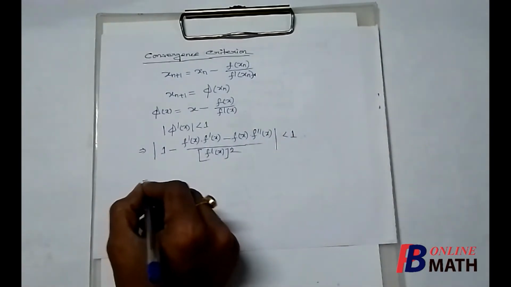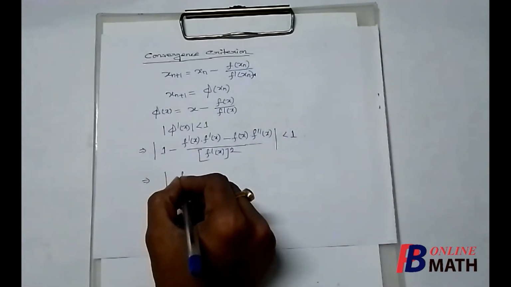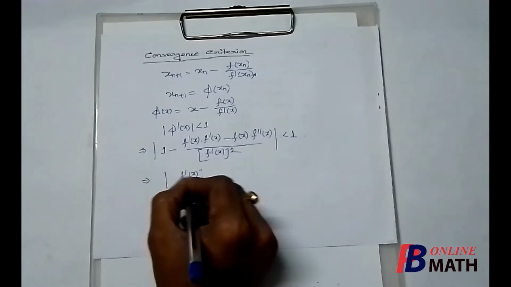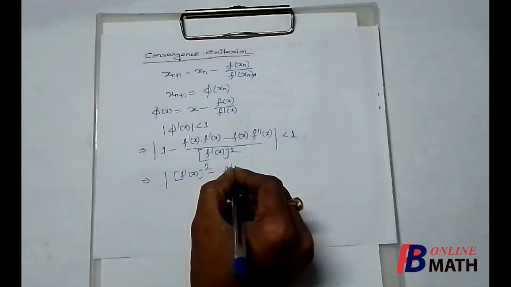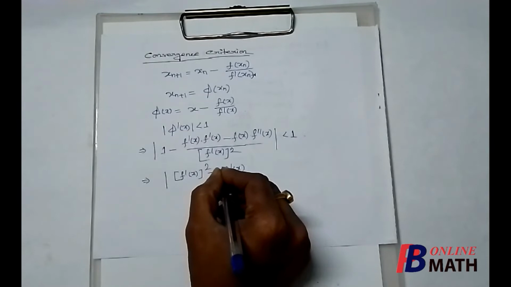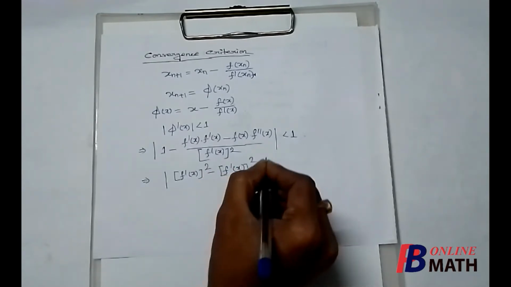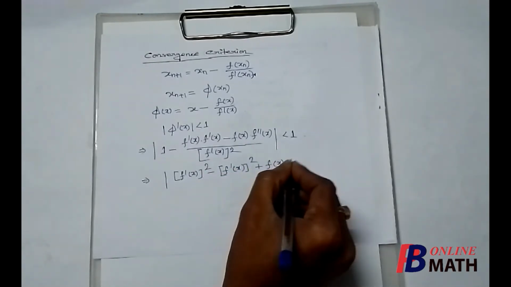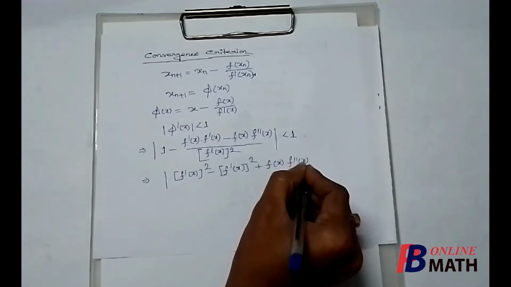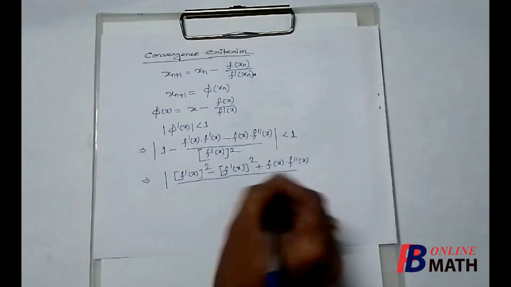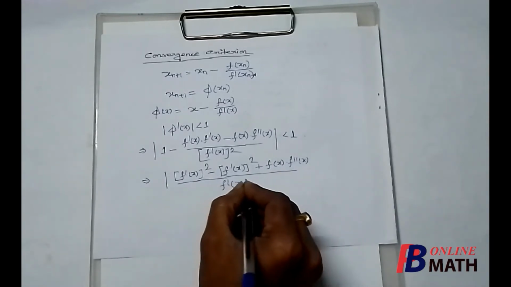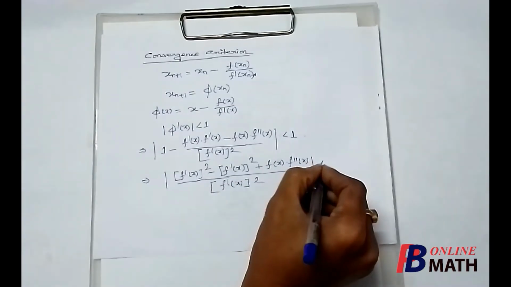This is equal to f dash x square minus f dash x square plus f(x) into f double dash x, divided by f dash x square, and it is less than 1.